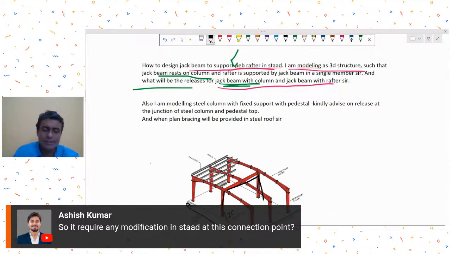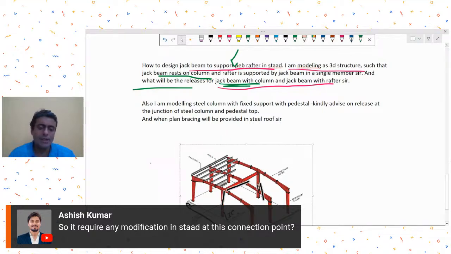Now the releases, or the type of junction that is preferred, usually it is the pin shear connection that is usually preferred by designers over here. So they will like to go for a shear connection at these two locations, where the jack beam is supported on the column.